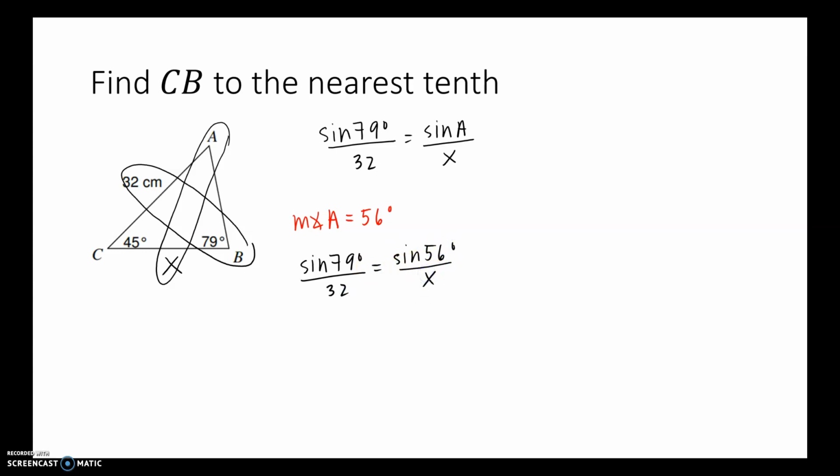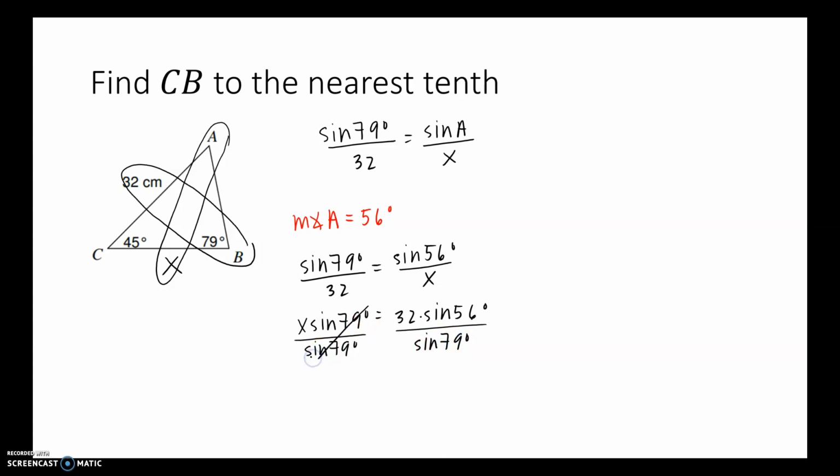Again, be careful when you're cross multiplying. So I would have x times the sine of 79 degrees equals 32 times the sine of 56 degrees. Just as a force of habit, I always keep the coefficients in front of the trig functions because then hopefully you're not making the mistake on the calculator. Okay, I'm going to divide both sides by the sine of 79 degrees.